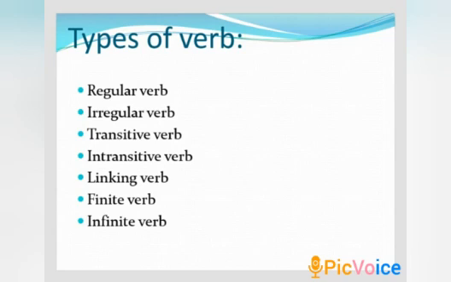How many types of verb are there? First is regular verb, irregular verb, transitive verb, intransitive verb, linking verb, finite verb, and infinite verb. Let's discuss all these types through examples.